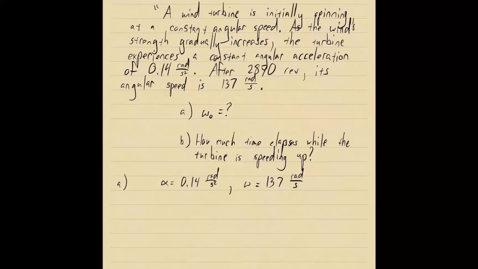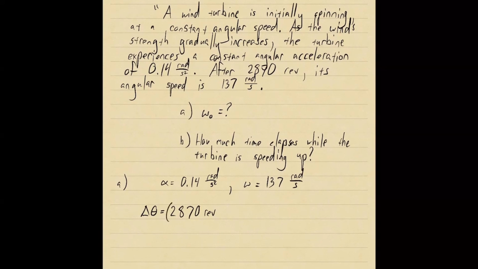And we also know that our angular displacement during this whole process is 2,870 revolutions. Right? But we need to convert this into radians if we want to use it with our equations.